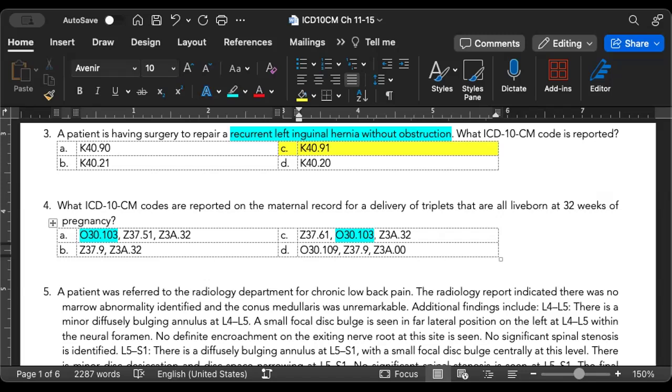So our main term or main phrase is going to be outcome of delivery. Underneath outcome of delivery, because we have triplets, it's going to be multiple births. They are all live born.